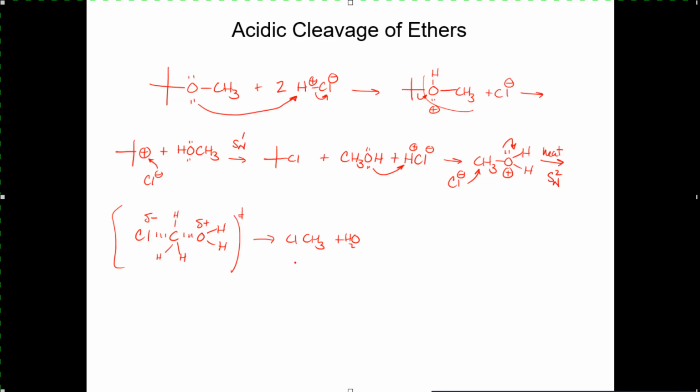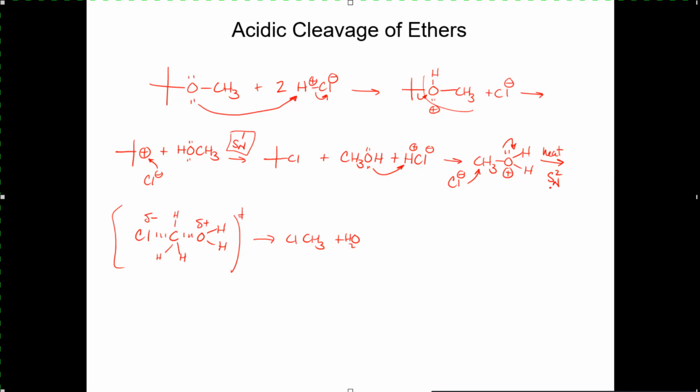So in this cleavage reaction, what we end up forming is the alkyl halides from the two groups that are around the oxygen. We tend to form the SN1 mechanism first to form the carbocation, and then depending on what the other group is, we could have SN1 or SN2. In this case, it was a methyl group, so it had to be SN2.